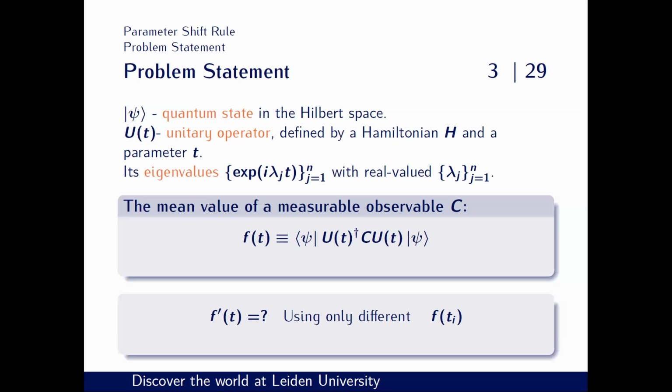I know the eigenvalues, then the Fourier transform will actually give you the answer you need. The first derivative will give you just the omega, right? But as I told you, the parameter shift rule is derived from the Fourier transform. It's just the same.